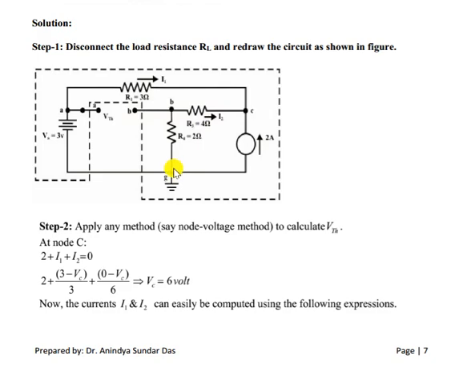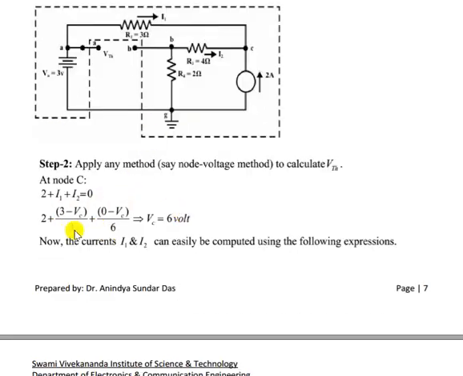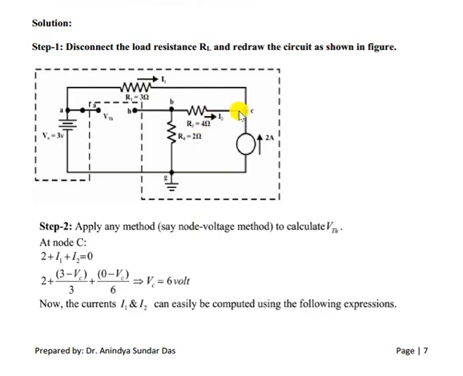This current I2 is flowing from ground to C. So that is (0 minus VC) divided by 4 plus 2, 6, as these two are in series, because no current flows through this path. Okay. So now if you solve it, you will get VC equal to 6 volt.